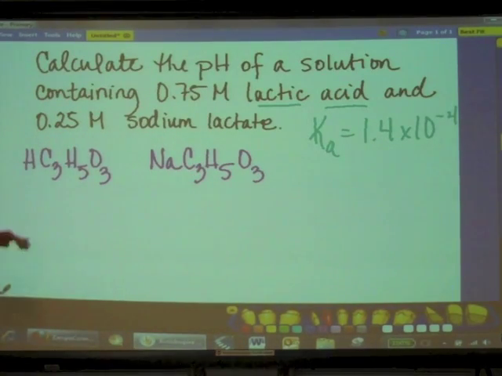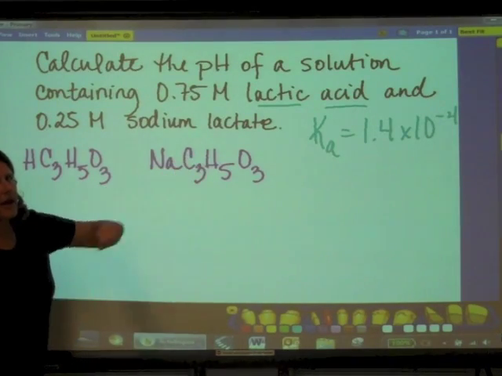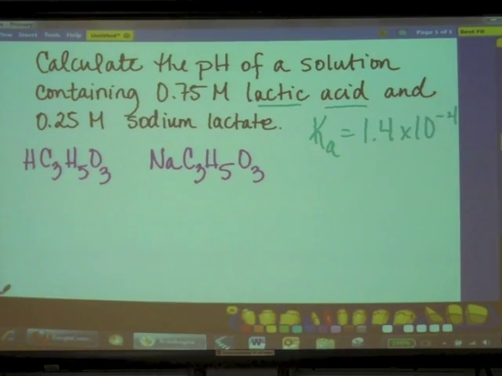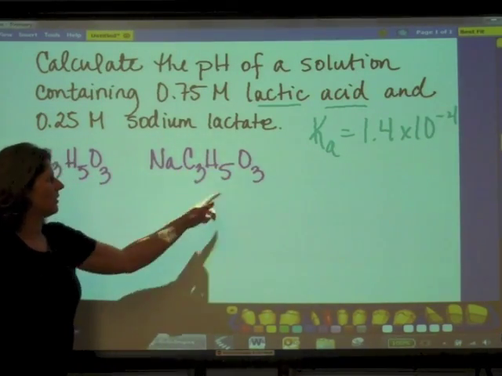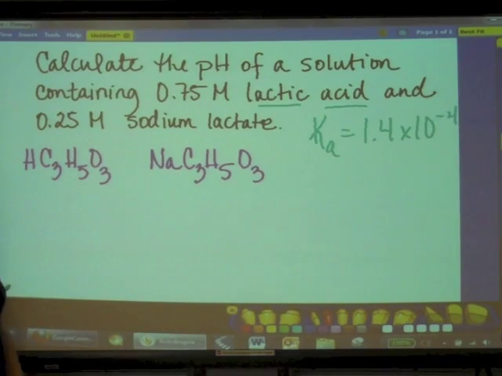Okay, the lactic acid, notice it has hydrogen as its cation. It could also be written in the organic way where it would be COOH at the end, and that shouldn't freak anybody out. And then the sodium lactate. Is the sodium of this ionic compound, of this salt, going to affect the pH of the solution at all?